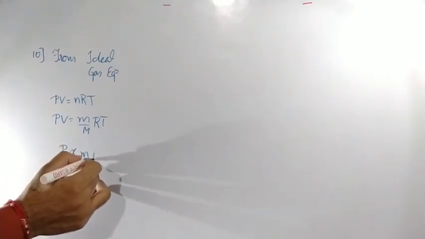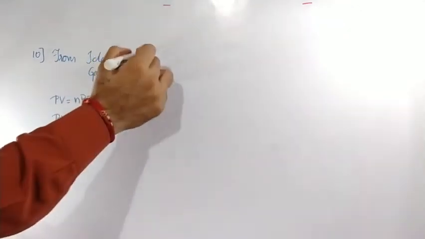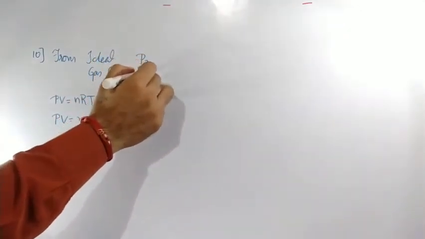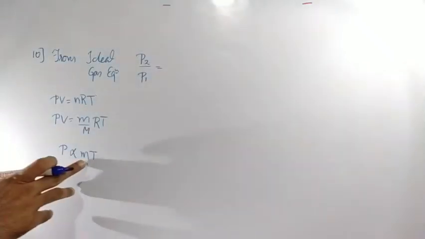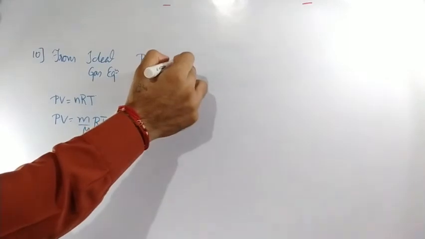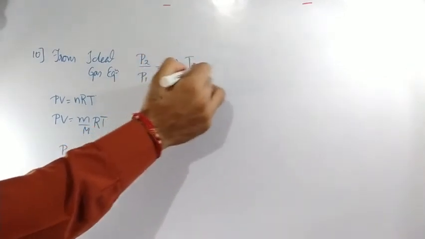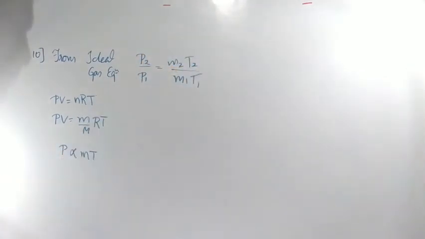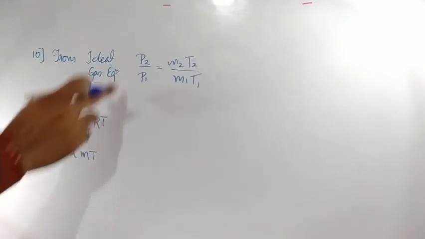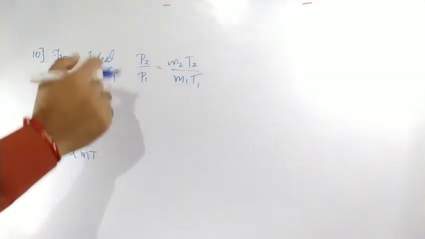So I can write P value is proportional to mT, or we can write it as P2 by P1 value is equal to M2 T2 divided by M1 T1. Clear? No. What we want actually, P2 we want. Wait.